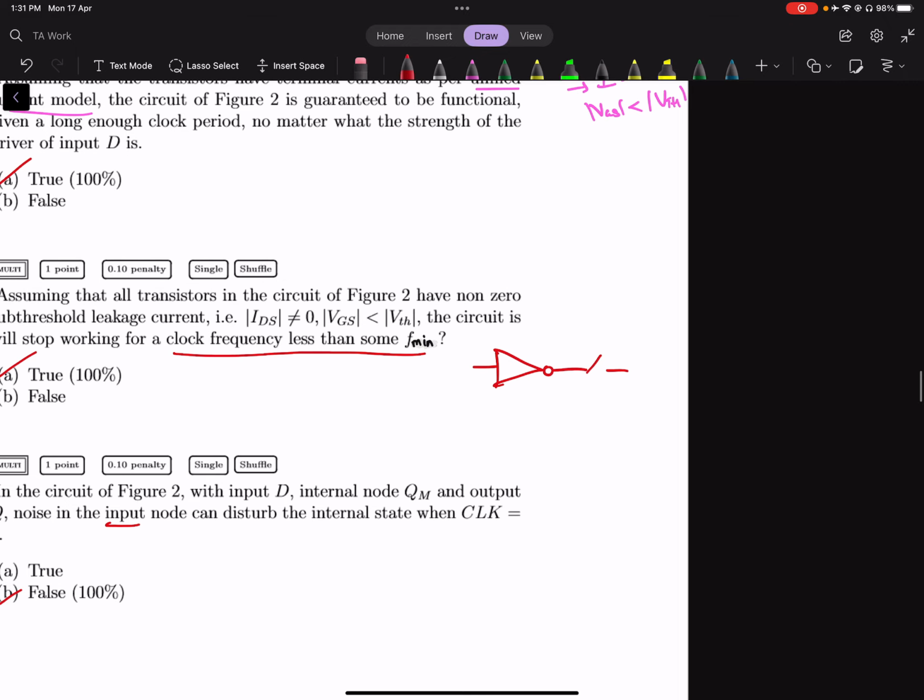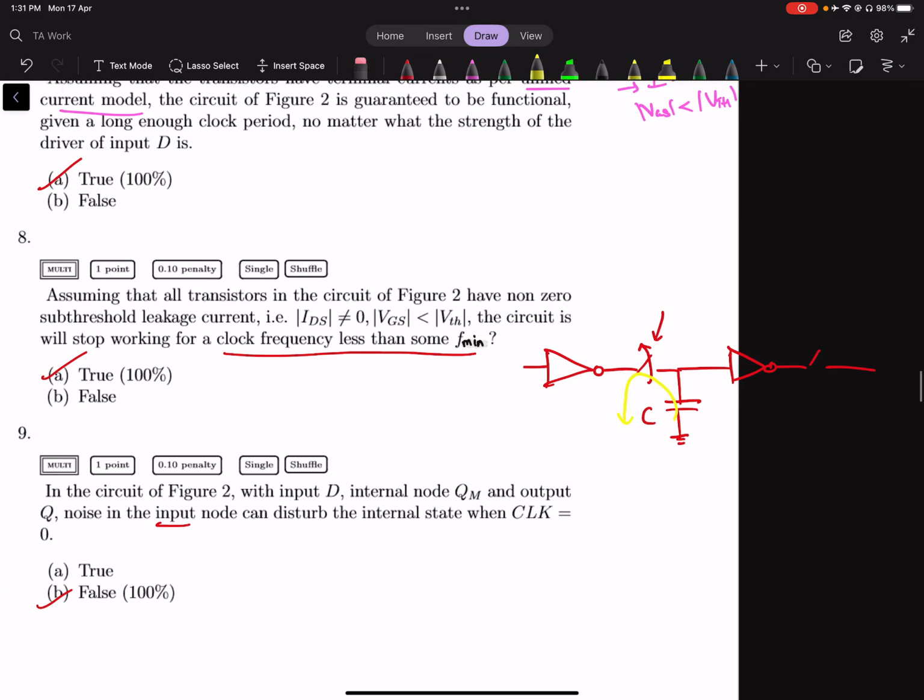As soon as this goes up, the capacitance over here, which is a combination of the gate capacitance of sequential element 2 and the diffusion capacitance of the switching NMOS and PMOS devices, will start leaking.